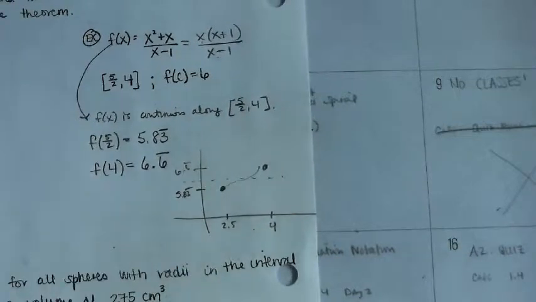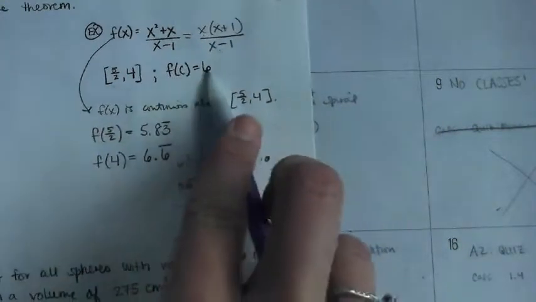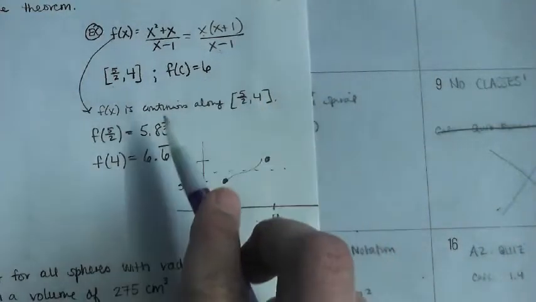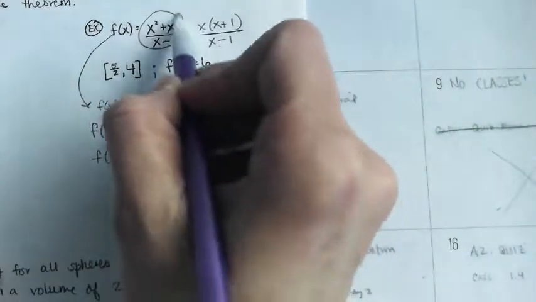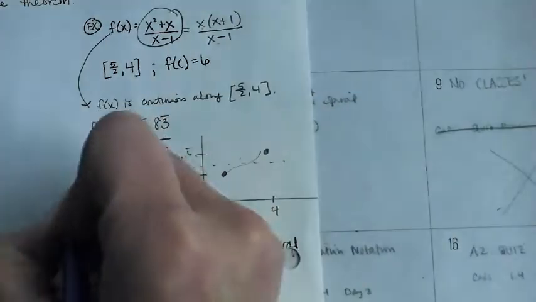So that verifies that the intermediate value theorem applies here. This is the first time we've seen that it doesn't have to just be a 0. It's any y value. In this case, we're surrounding 6. We're below it, we're above it. So we have to cross 6, and it wants us then to find out exactly where.